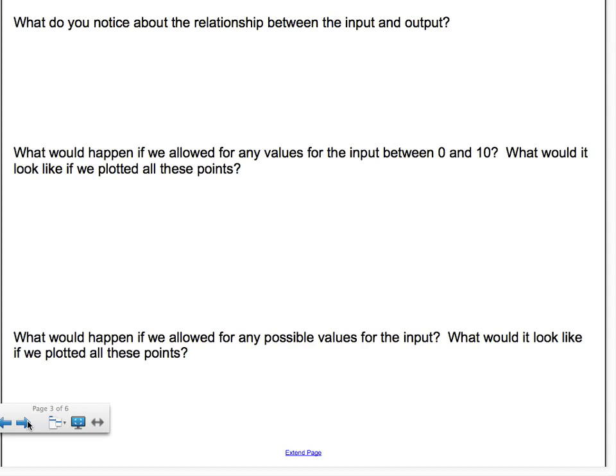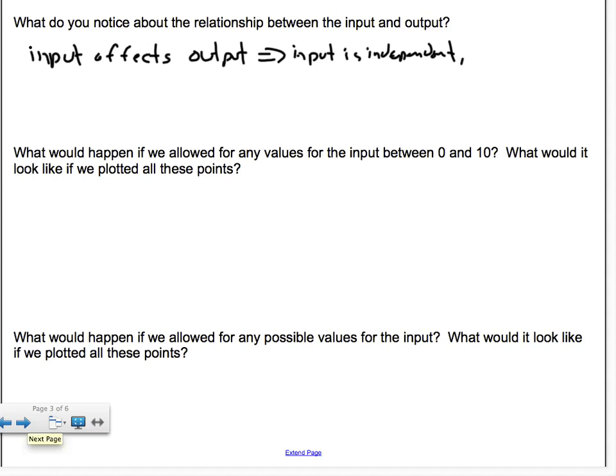So the input affects the output. So that implies the input is independent. Output is dependent.